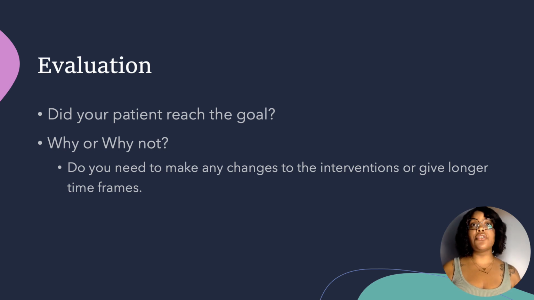Yes, they did. So guess what? Goal was not met. Now, what do I need to do in order so that this goal could be met? So we may have to change around some interventions, or we may have to give the patient a longer time frame, or simply the interventions may be good, the time frame may be good, but your patient is just not there yet. So you have to be patient with your patient, okay?